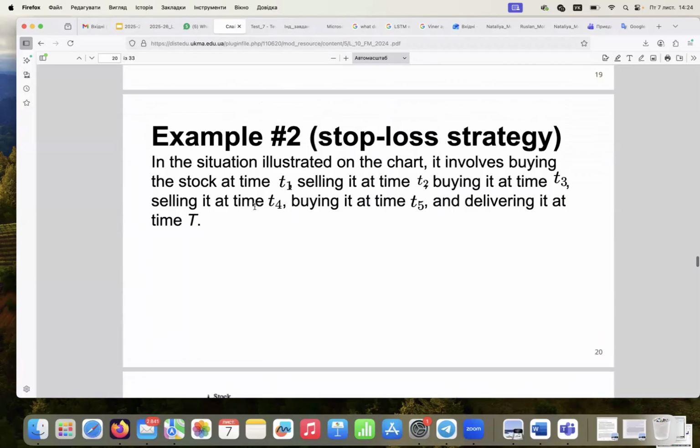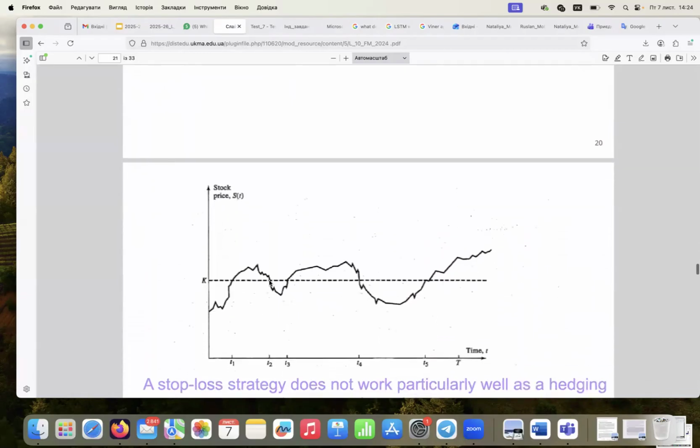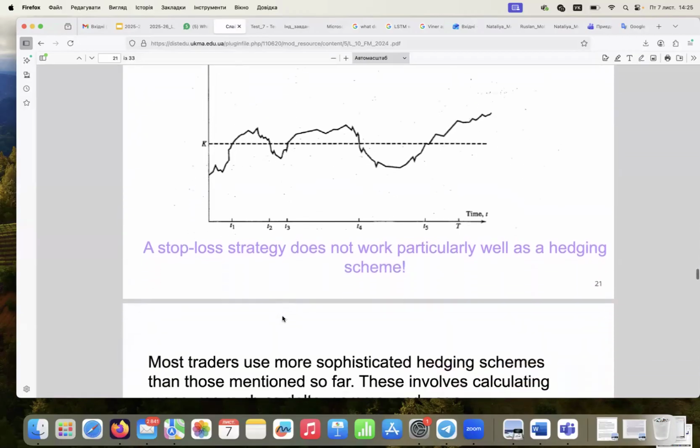Buying at time T1 and selling at time T2. We buy because we think that we can, no, it is this price. So it grows, yes. No, it is like the stop loss strategy.